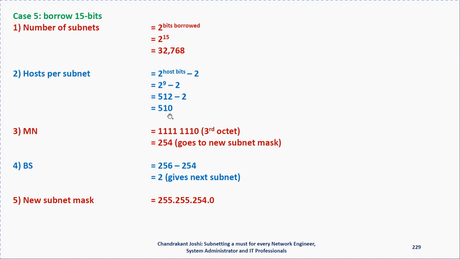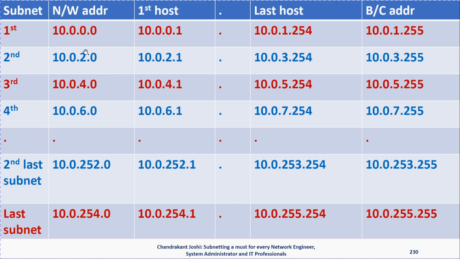Let us see the number of hosts to be 510. So this is an incremental value of 2. If this was a single one, then there would be 256 minus 2, 254. Similarly over here also we will have that many, but because this is continuous, it will increase by 2 more.